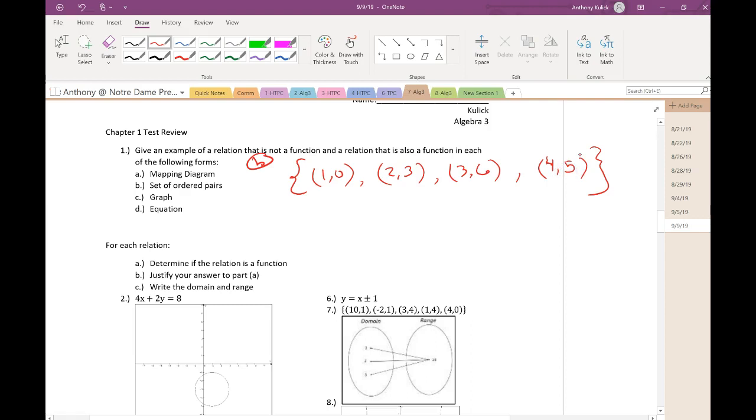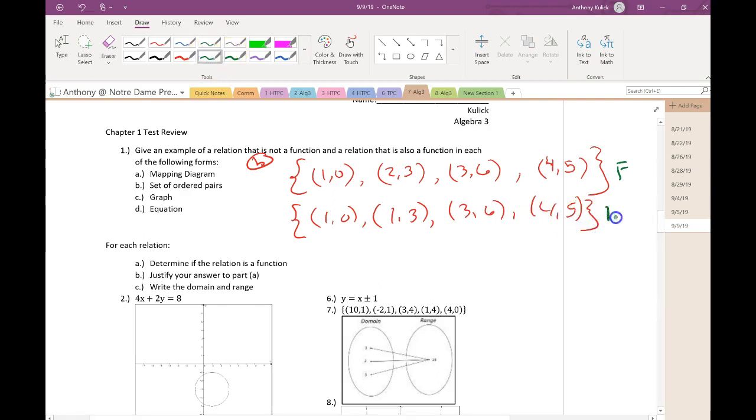Can the y's repeat? Yes. Do they have to repeat? No. This is a function, what I wrote right here. What would it look like if it wasn't a function? Okay, at least one x value would repeat, so let's say the 1's repeat, and then we can keep everything else the same.